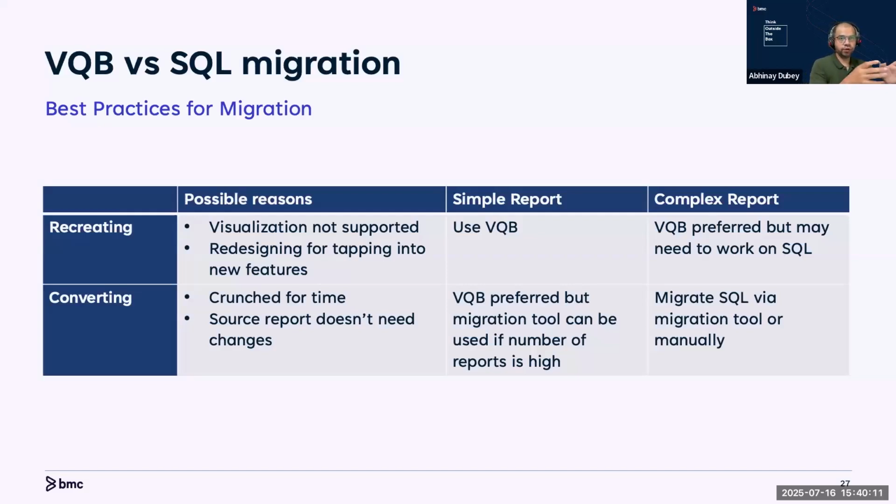The other option is that you convert as is, and that is recommended when you have a lot of reports and you are crunched for time. We want to take as much as is, and then focus only on some of the crucial reports to recreate them. Another reason could be you are really happy with the report and you don't want any changes there. Based on the complexity of the report, how big it is, how complex it is, we can choose one path over the other.